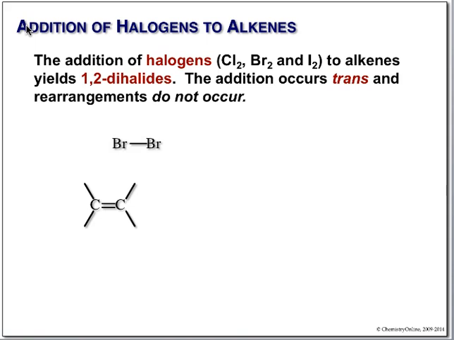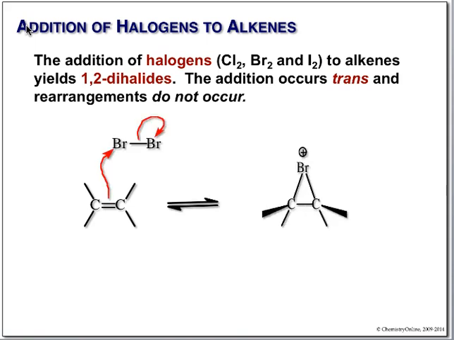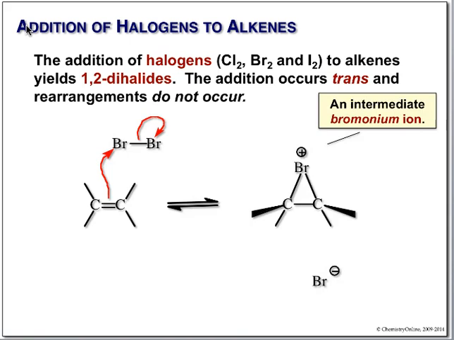The Br plus end of the molecule sees all the electrons here, and it simply adds. When it does, it looks just like our protonated pi cloud. Remember, we had the protons sitting on top. Well, here we have Br plus sitting on top. Now, this guy is going to then react with Br minus to give the 1,2 dibromide.